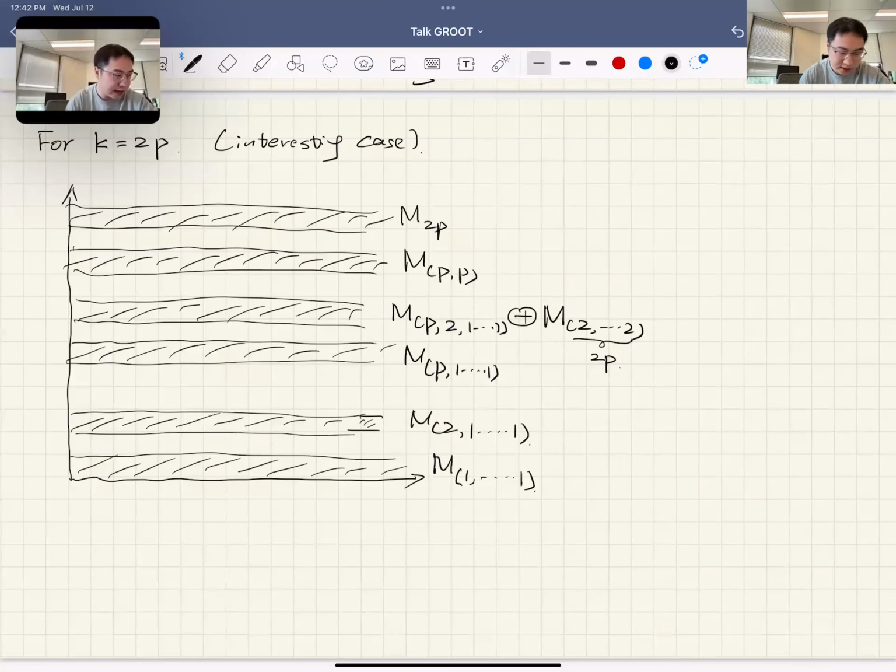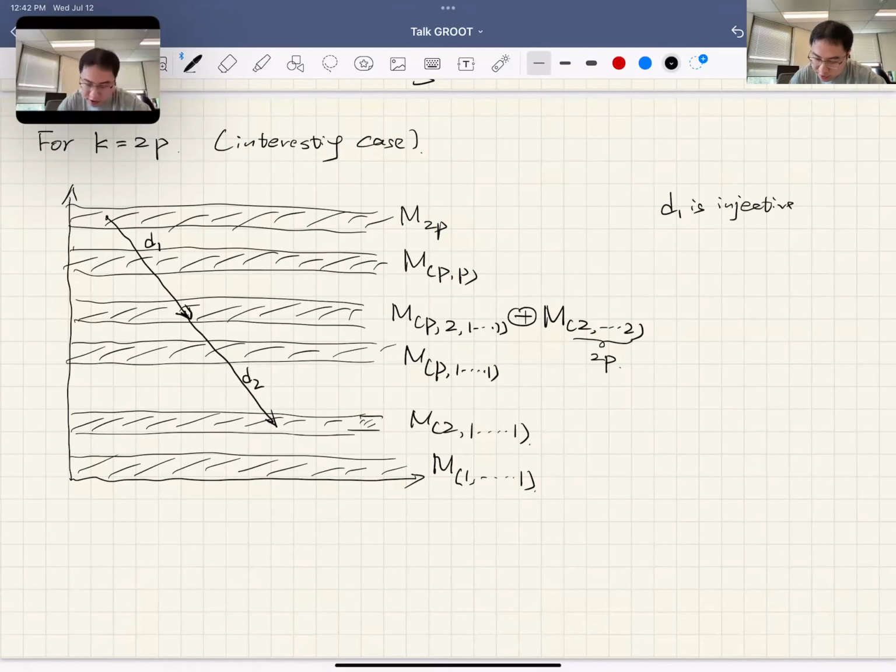So I'm going to look at the differentials between those 3 rows. If I call this D1 and this D2, I can show that D1 is injective with the image isomorphic to the part m sub 2 2 2.